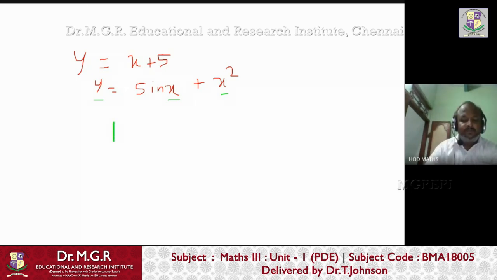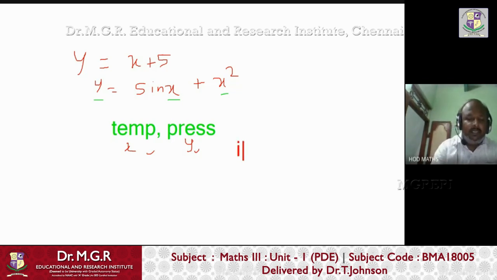I write temperature as one variable and pressure as another variable. Temperature I name as x, and pressure I name as y, right? So here both x and y are independent. Remember, both are independent variables.